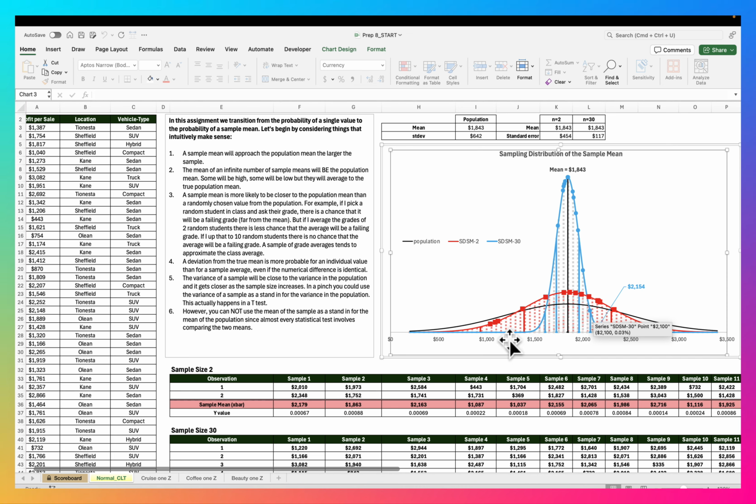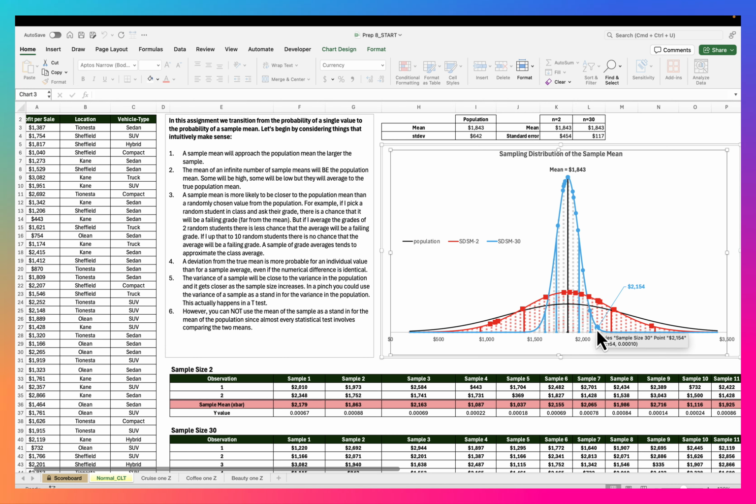Even in the case of the red, none of them exceeded 2 standard errors. This one got close, and maybe this one over here got close, but none of them exceeded 2 standard errors because the standard error is bigger on the red distribution.